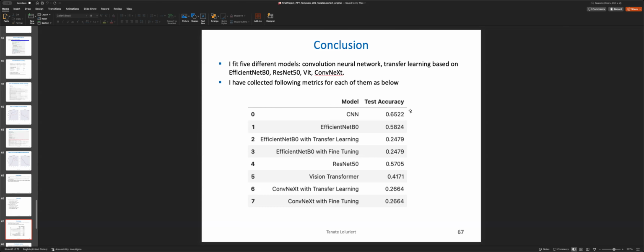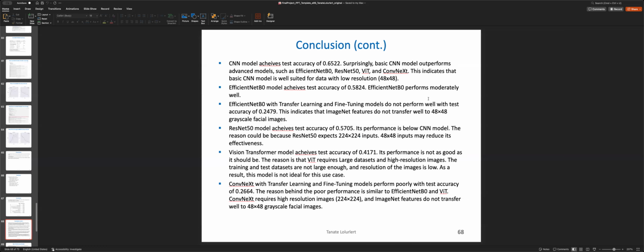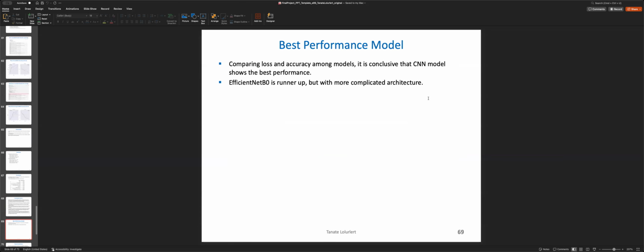Another reason is that the dataset is really small. For example, the Vision Transformer requires large datasets. That's why CNN seems to perform best on this dataset. And EfficientNet is the runner-up.